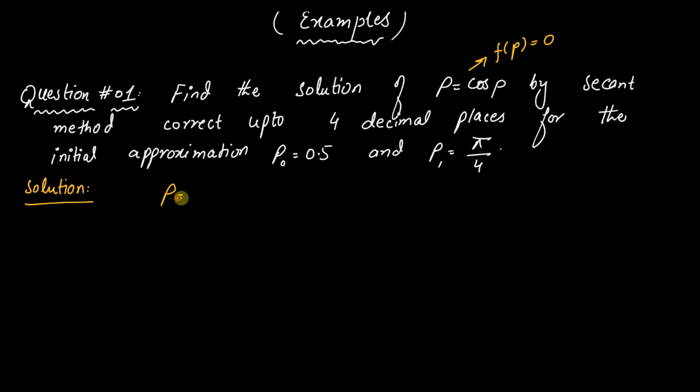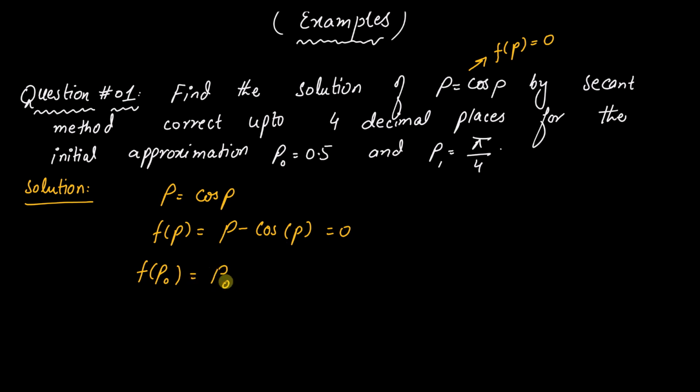So we have p equals cos of p. So f of p equals p minus cos of p, that is equal to 0. After that, we need to put f of p naught into our equation.